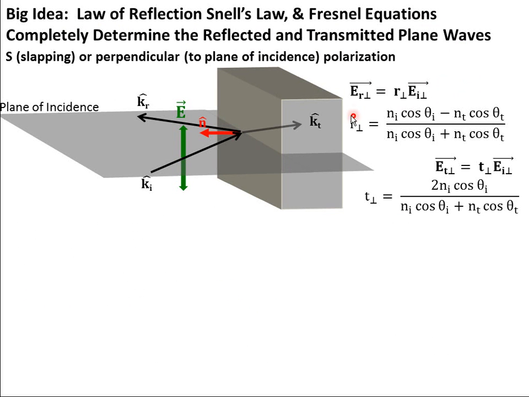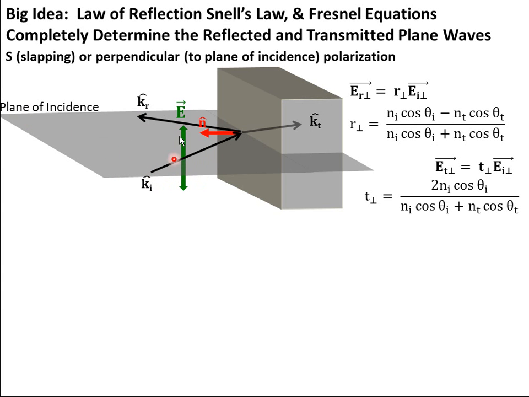Fresnel's equations relate the reflected electric field to the incident electric field by a reflection coefficient that we're going to call R, and it turns out that the direction of the electric field makes a really big difference in the amount that's reflected or transmitted. We talk about S, or perpendicular polarization, by defining a plane of incidence, which is the plane that contains both the k vector and the surface normal, so that's the gray plane right here.